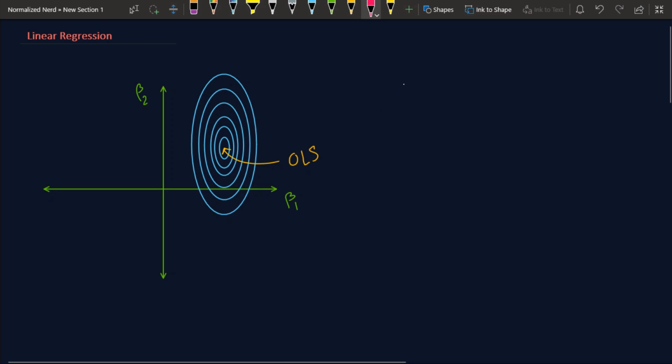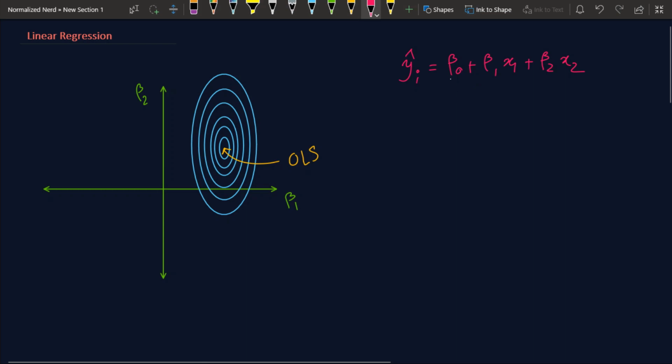So in our ordinary least square method we have our model something like this. This is y hat and it is equal to beta 0 plus beta 1 x1 plus beta 2 x2.